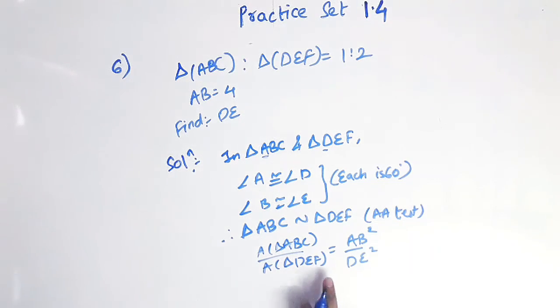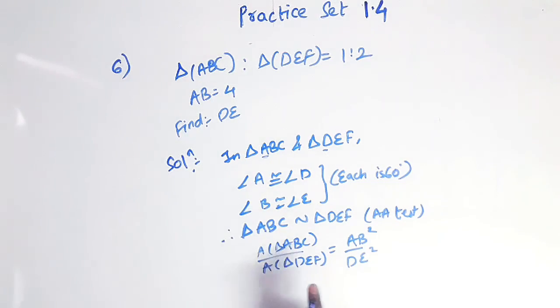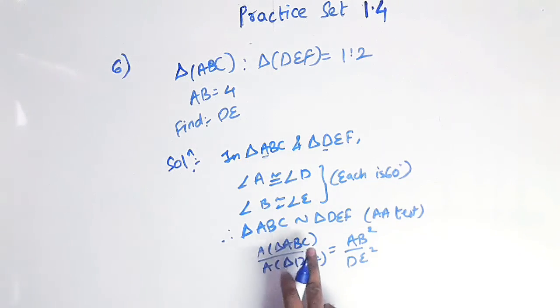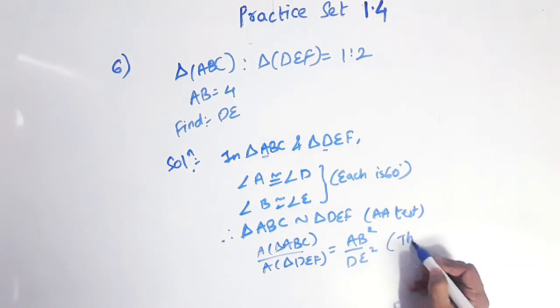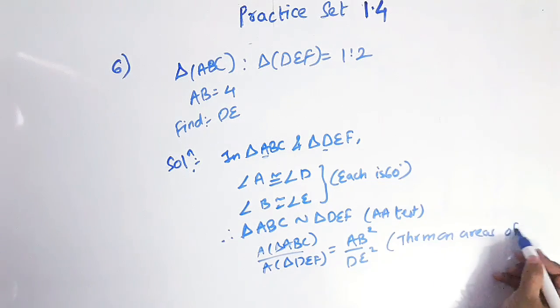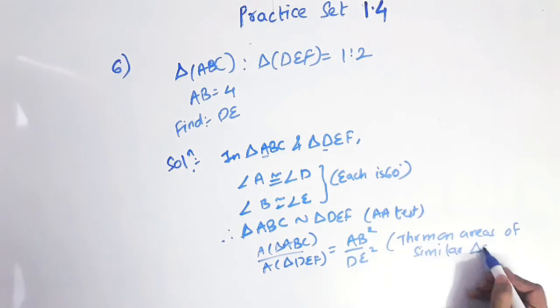We could not have written this before, we can write this only for similar triangles. That is why we had to prove these two triangles similar, and after that we can write this, because this is the theorem on areas of similar triangles.